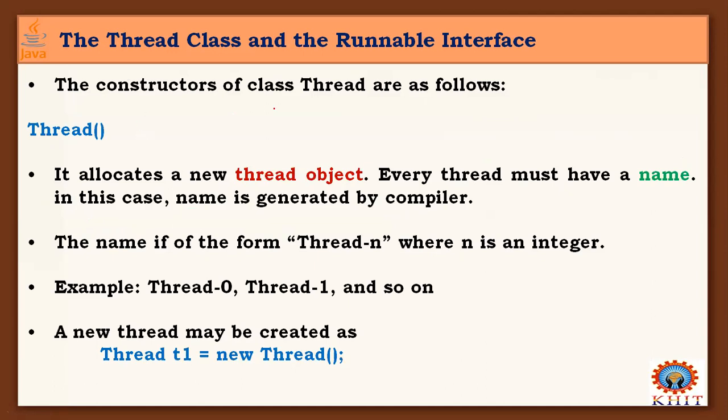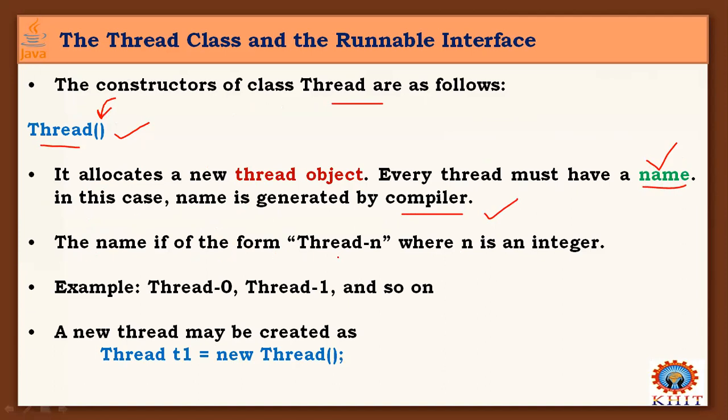So the constructors of the Thread class are as follows. Thread is a main class, and this is the default constructor. It allocates a new Thread object. Every thread you create in your program must have a name. In this case, the name is generated automatically, because we didn't give any thread name as a parameter to this constructor.